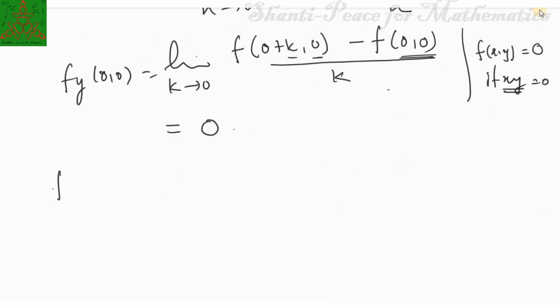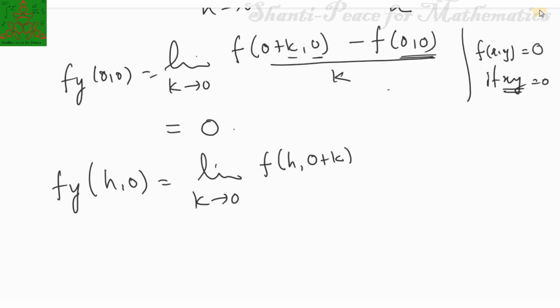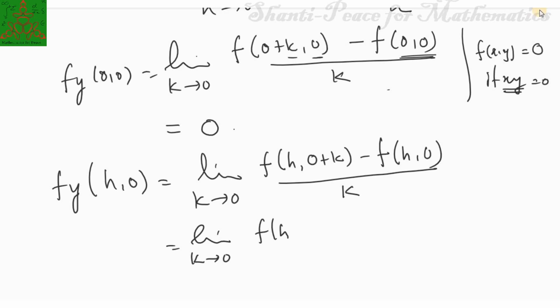And f_y at (h, 0) we can calculate as limit k tends to 0, f at (h, 0 plus k) minus f at (h, 0) upon k. So this will give you limit k tends to 0, f(h, k) minus f(h, 0) upon k.